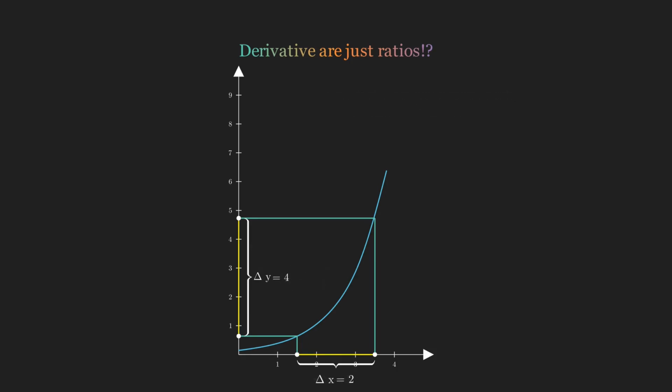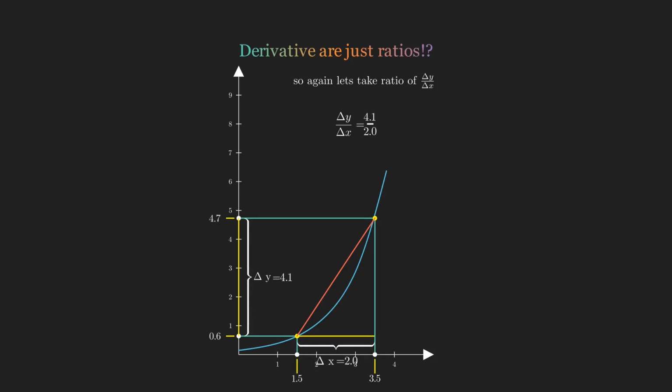So again, let's take the ratio of delta y by delta x, which gives us 4 over 2 equals 2. And let's join the 2 points on the graph by a straight line. Thus the ratio that we got here is the derivative, or the so-called slope, of this red line that you see here.